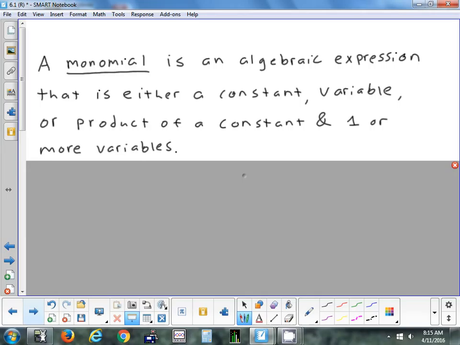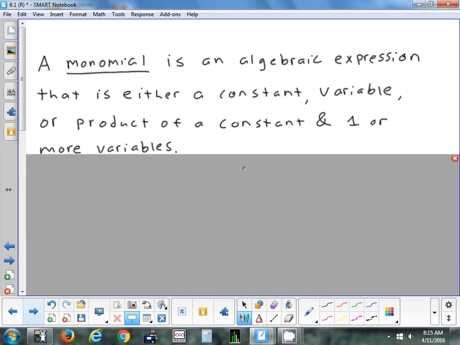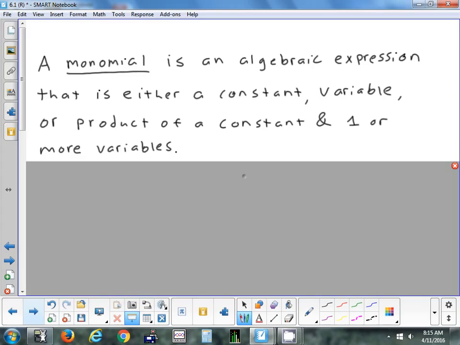I said earlier those terms I was giving you, they're called monomials. Well, this is the definition of a monomial. A monomial can be a constant. Constant means number. So a monomial can be a number. It can be a variable. What's a variable? Like a letter. Yeah, it's a letter.